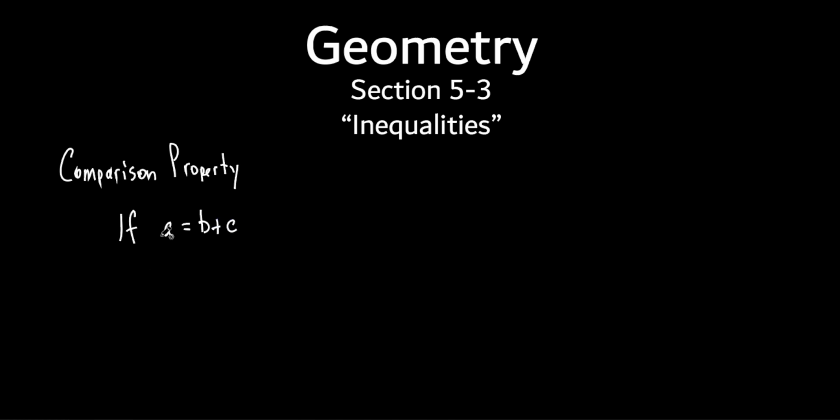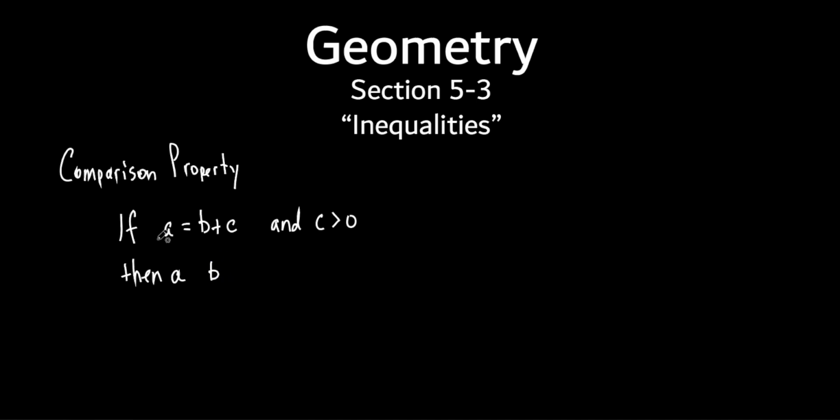So they start off with this. If A equals B plus C, and as long as C is positive or greater than 0, then, all right, so watch. If A is equal to B plus C, and if C was a positive number, so it's not 0 and it's not negative, then tell me something about A and B. So if these two things add up to be A, what must be true about A compared to B?